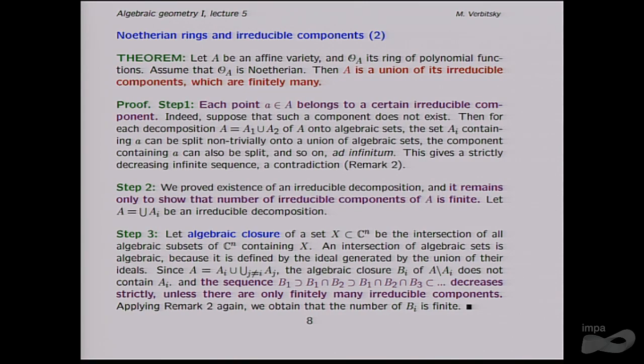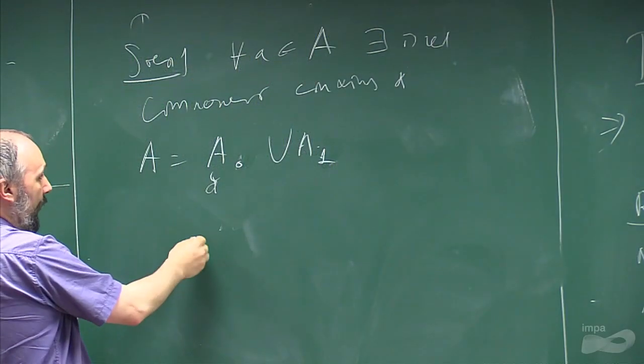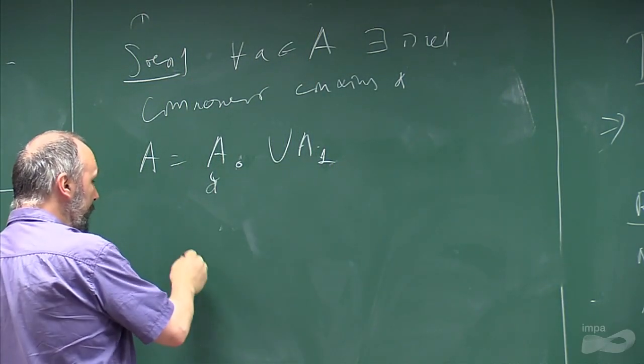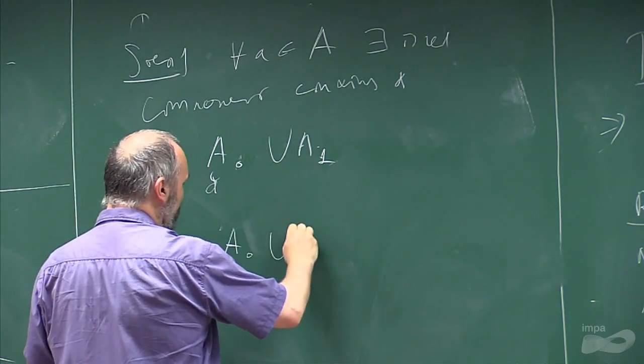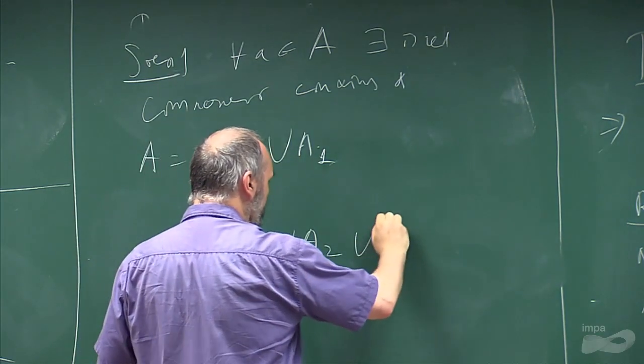This means that we can split A into a union of A0 and A1, and this will be again reducible because it can be a reducible component.